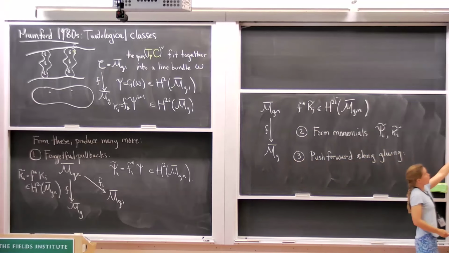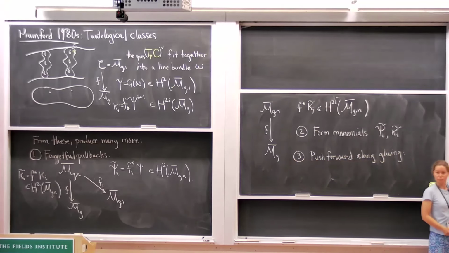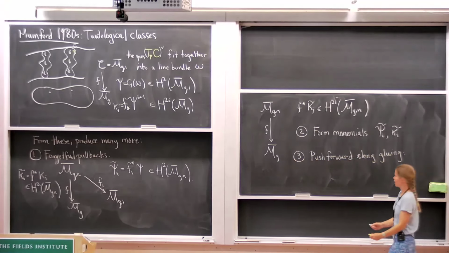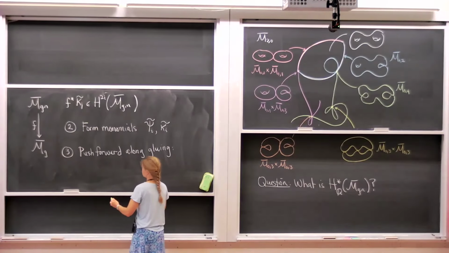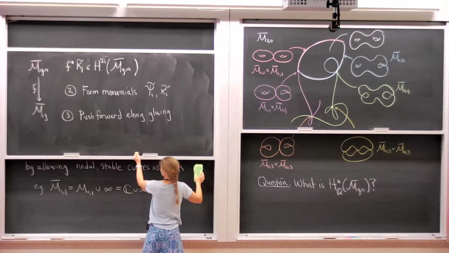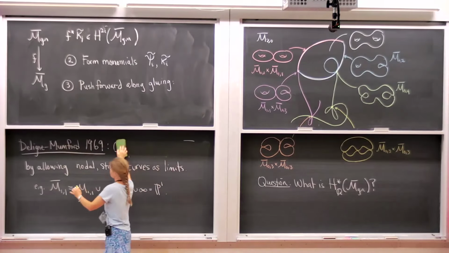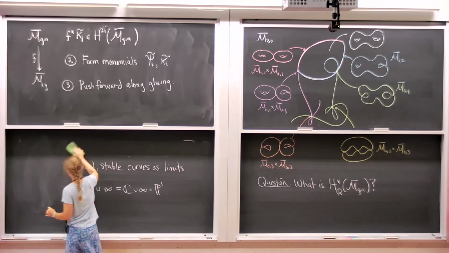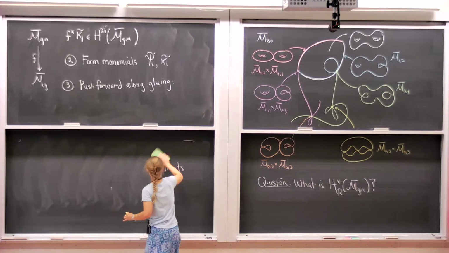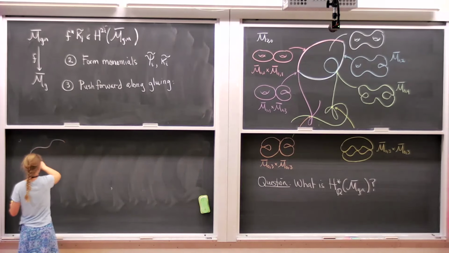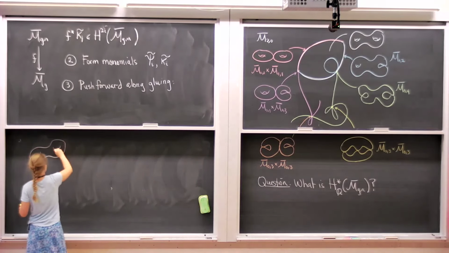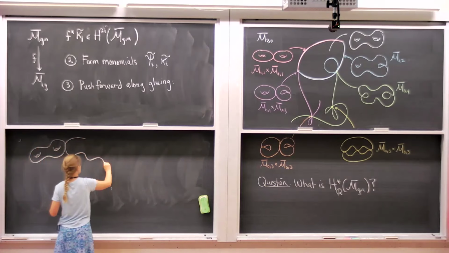So we saw over here lots of examples of gluing maps. And the thing that we're going to do is whenever we have one of these gluing maps, maybe I'm going to glue something like this.